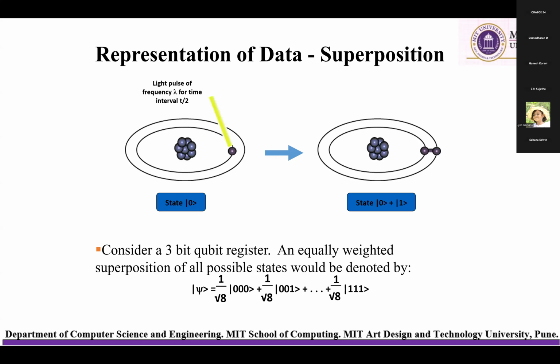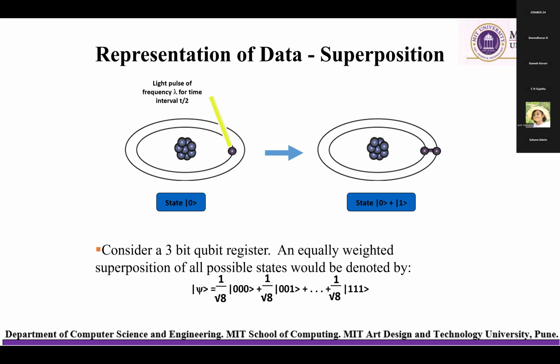Consider a 3-bit quantum register where each qubit can be in a superposition of states 0 and 1. In such a case, the total state of the system is a superposition of all possible combinations of 3 bits. If the superposition is equally weighted, the state is expressed as the equation depicts.